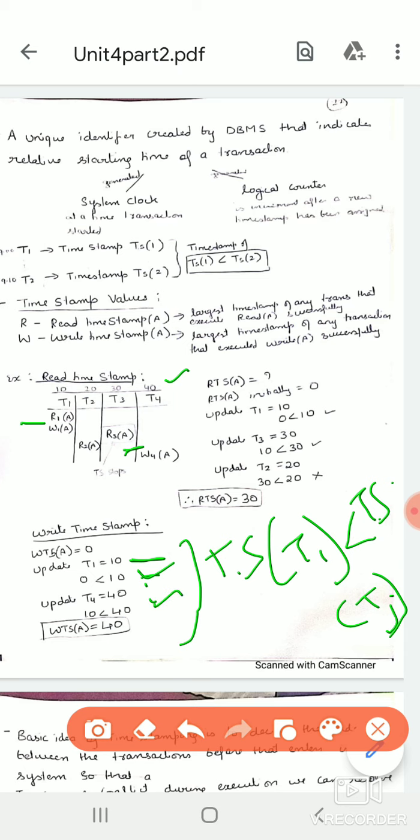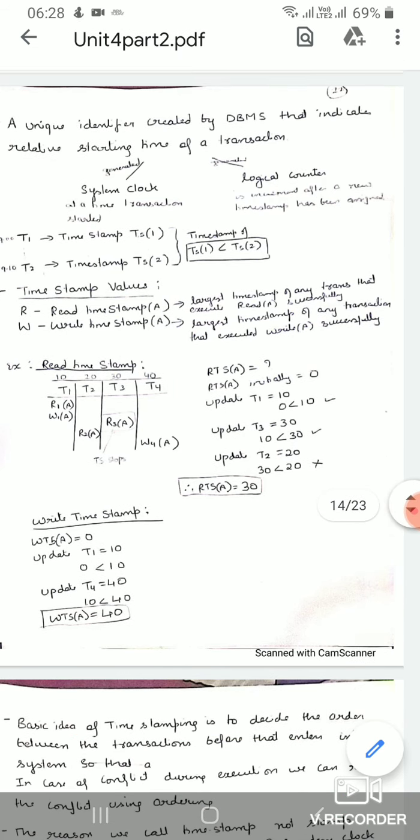After this you don't have any write, so you stop. Then write timestamp of A is 40. This is again the largest timestamp of any transaction that has been executed. Whichever is the largest timestamp whose instruction has been executed, that is your write timestamp. I think these two are clear.